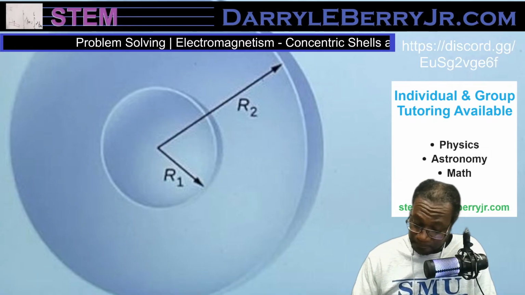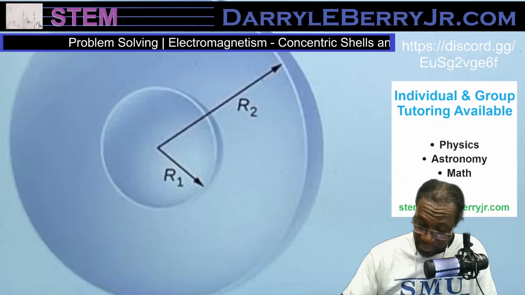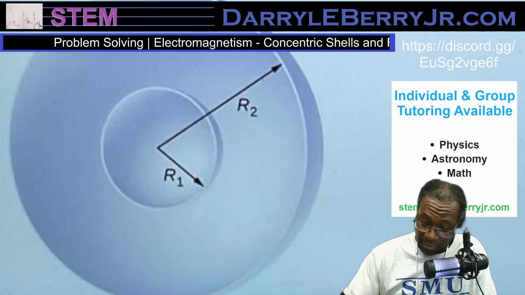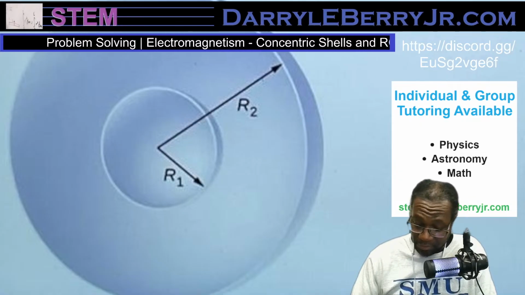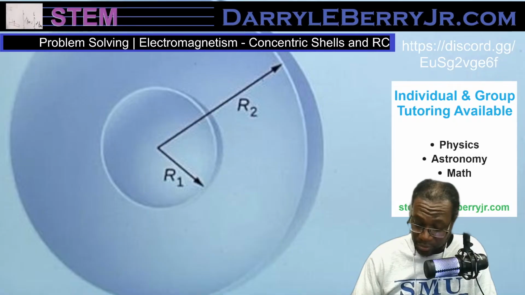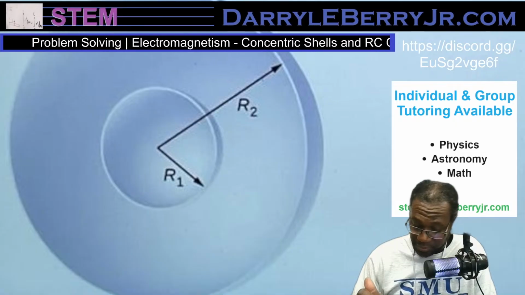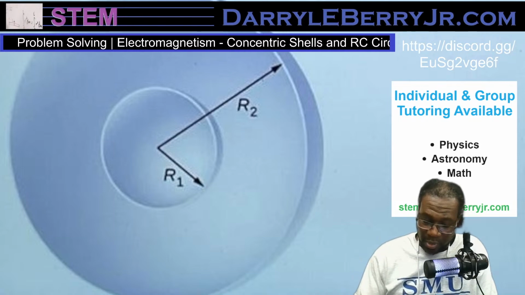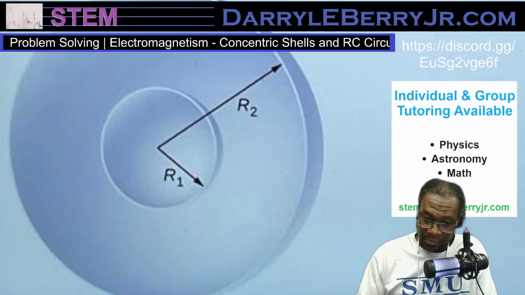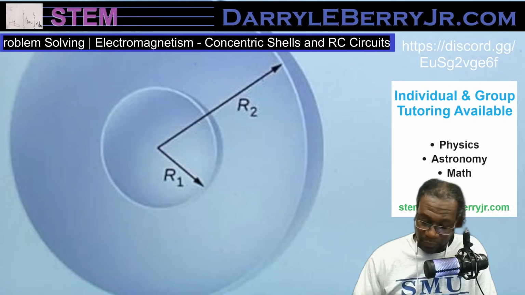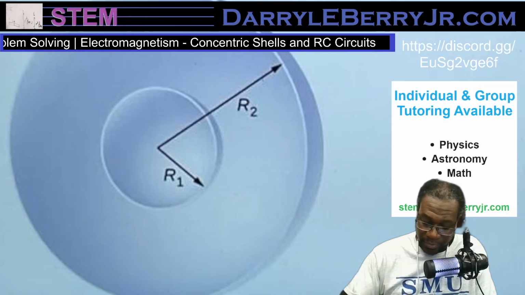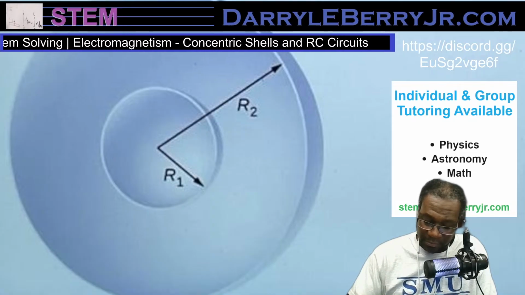So in other words, the potential in this area here, in between the outer shell and the location that we're at, that's the only potential that we need to do. So since we're going from R2 to B, the integral will have B at the bottom and R2 at the top.